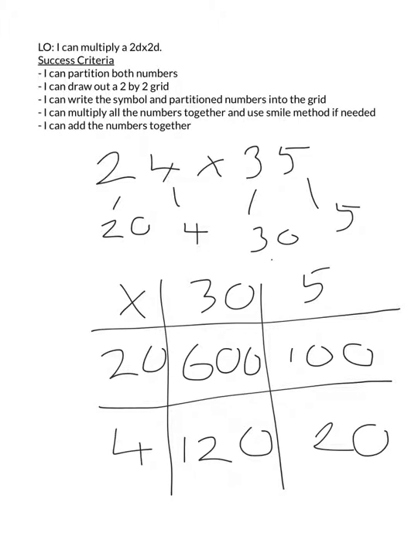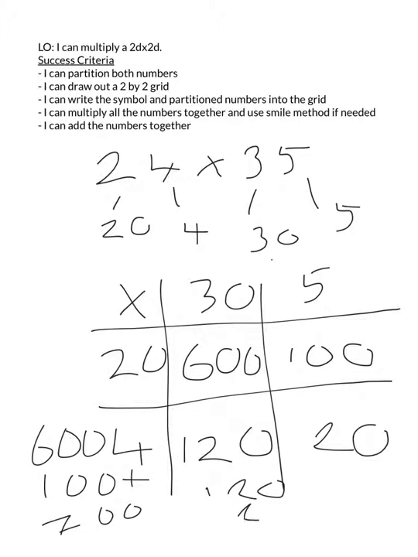Now the next stage is to add them all together. Okay, so I'm going to do 600 plus the 100, which equals 700. And then I'm going to do the 120 plus the 20, which equals 140.